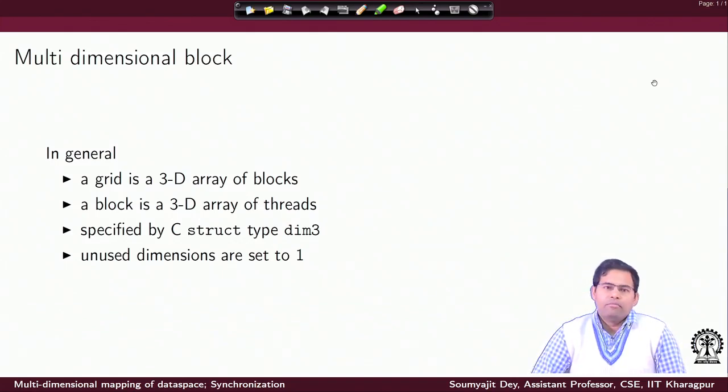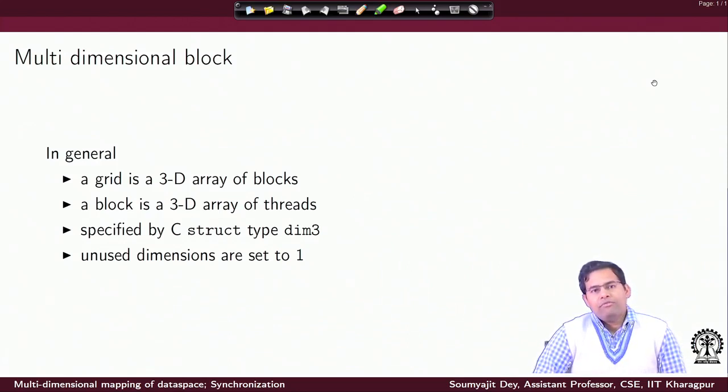So I can say that a block is nothing but a 3D array of threads. So overall I have the threads arranged as 3D arrays in packings called blocks, and the blocks can again be arranged in 3 dimensions into packings which are finally defined as grids.